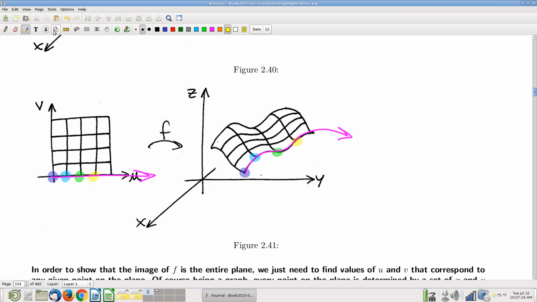There's, let's see here, that point is going to have some output, and that point is going to have some output, and that point, whoops, sorry, I missed, orange. That point's going to have some output, etc. So as you go along this way, you're going to get a different curve. Right? And then you can kind of start filling in between.